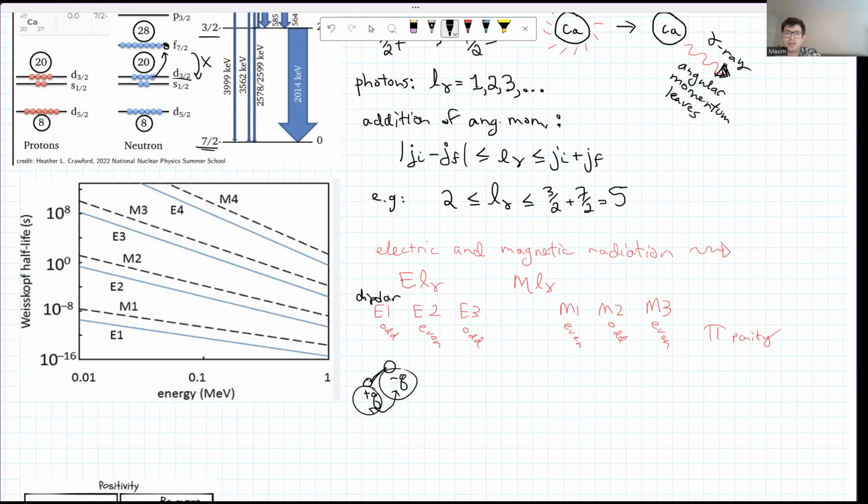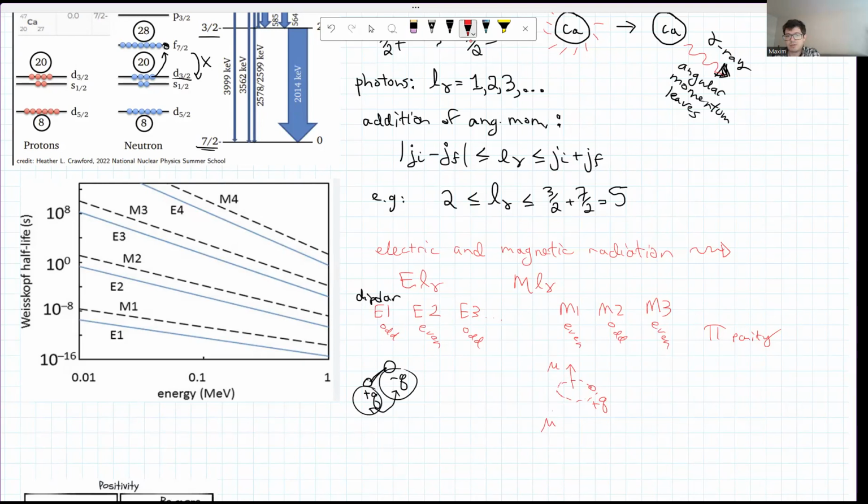On the other hand, magnetic dipole radiation is a little bit different. You can think of it as a charge that's orbiting around. If you have a charge making an orbit, that'll create a little magnetic moment. Magnetic dipole radiation corresponds to radiation coming from an oscillating magnetic dipole.